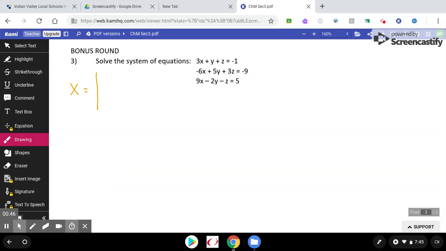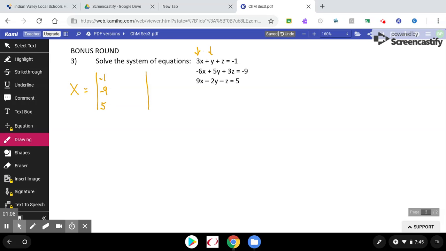If I want to find the x answer, I would leave out the x terms. I know it sounds weird, but instead of writing the 3, the -6, and the 9 in its place, I'm going to write the -1, the -9, and the 5. So the answers, if you will, go in place of the x's.